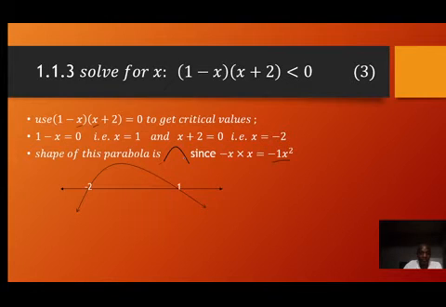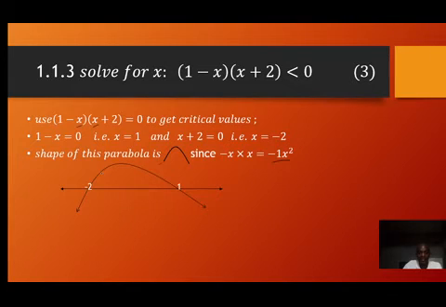Because my shape is like this, now I come on the number line where I put my critical values, from the smallest, which is -2, then the highest, +1. Now check something here. If you look at our question, it was saying 1 minus x into x plus 2 less than 0.